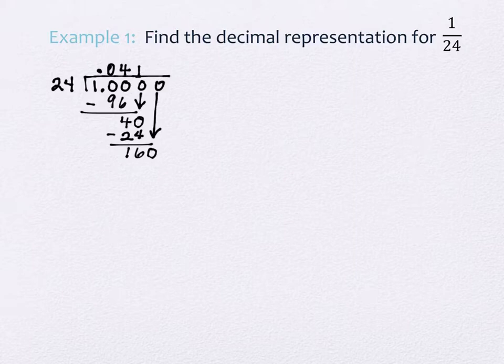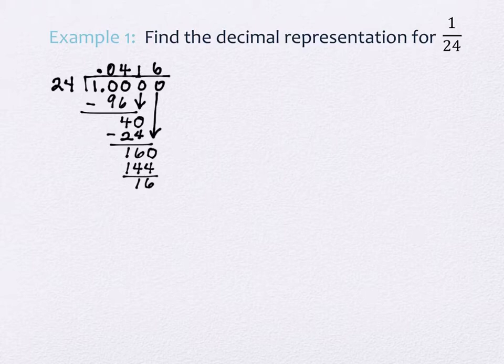All right, so at this point, the number's getting a little bit bigger. How many times will 24 go into 160? It is 6. What is 6 times 24? 144. And if we subtract, what do you get? 16. Now, we already had a 16 as a remainder once before, didn't we?